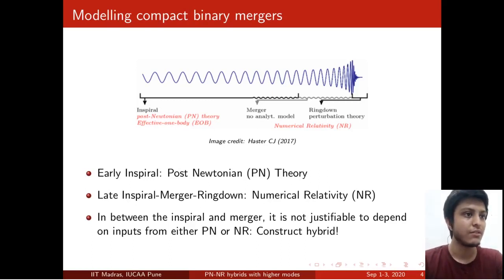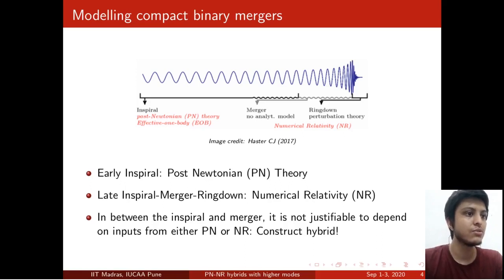To compute an accurate waveform, we need to describe the various stages that characterize the evolution of the binary merger. Post-Newtonian theory provides us with accurate expressions for the early inspiral stage and numerical relativity methods for the late inspiral-merger-ring-down, and in between we have sort of a gray area where it is not justifiable to depend on inputs from either PN, because it cannot be trusted too close to the merger as the approximation breaks down, or numerical relativity, due to length requirements which make long simulations difficult.